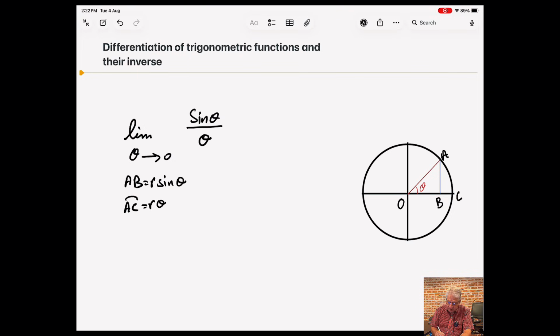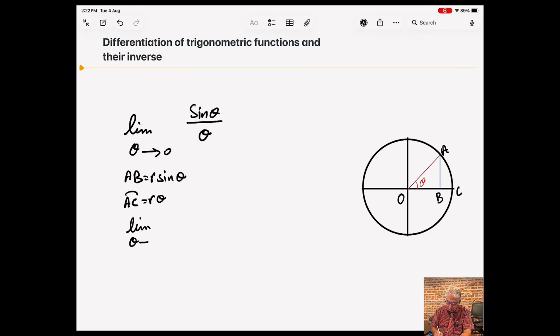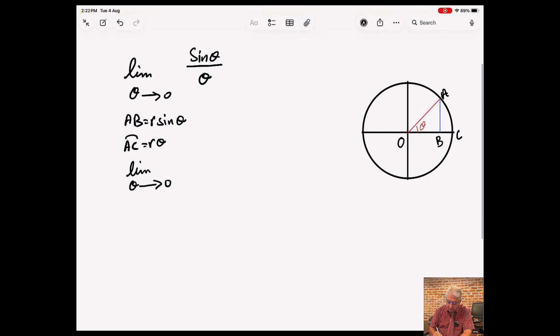Therefore, the limit as theta goes to 0 of sine theta divided by theta is the same as the limit as theta goes to 0 of AB divided by AC. You can see that as theta goes to 0, the lengths of AB and AC approach each other.